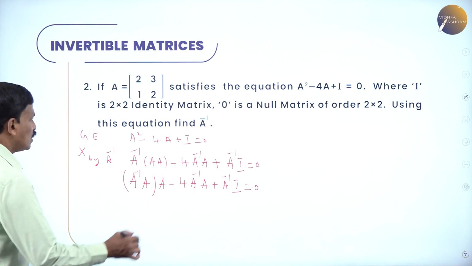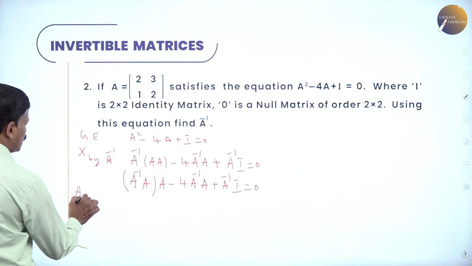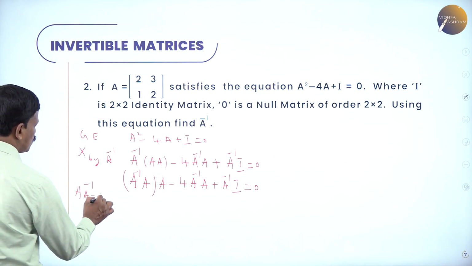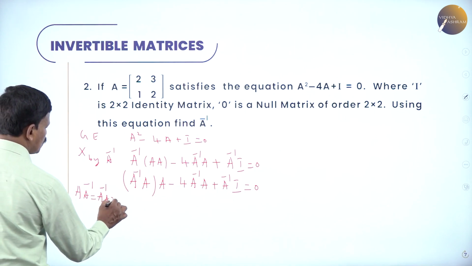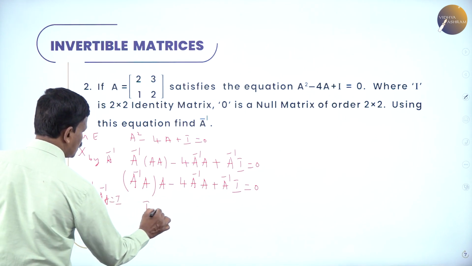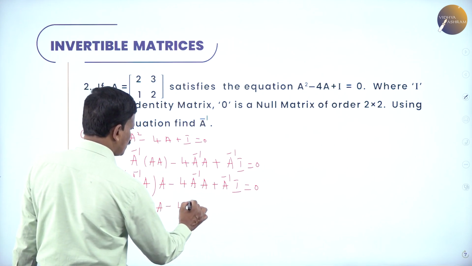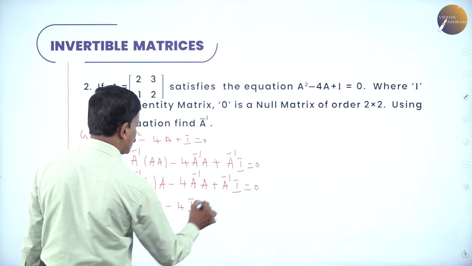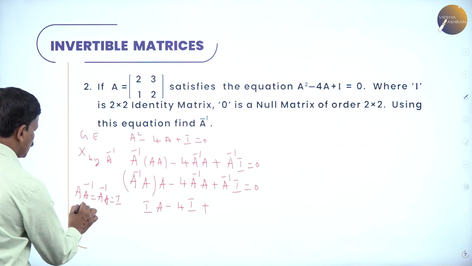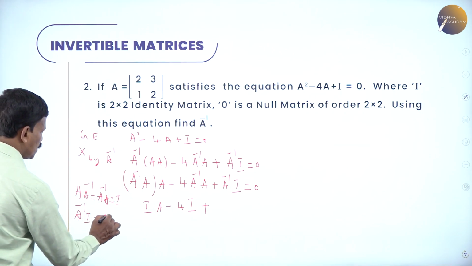Now you know this property, A inverse into A is equal to an identity matrix. So this identity matrix into A minus 4 into, A inverse into A is an identity matrix. Again, you know this property also, A inverse into I is equal to A inverse.